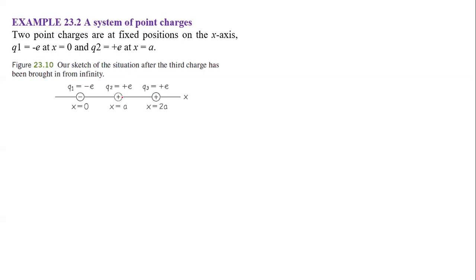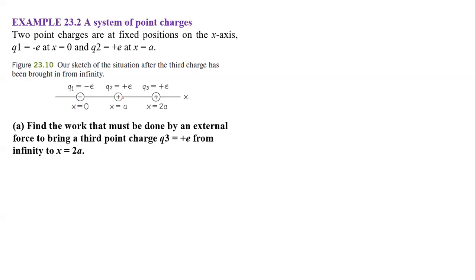So find the work that must be done by an external force to bring a third point charge q sub 3, equal to positive e, from infinity to x equals 2a.